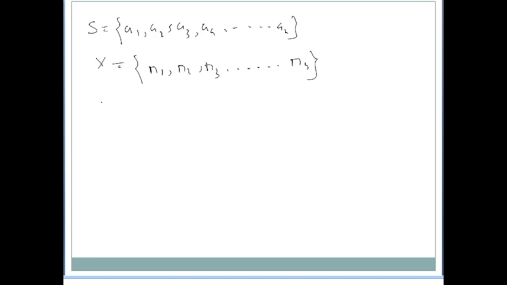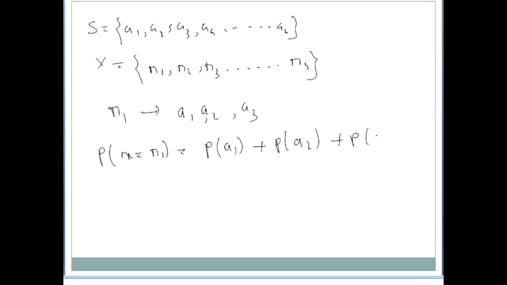If we need the probability mass function, that is the probability for any particular event, then let's say this random variable R1 is associated with A1, A2 and A3. Then the probability of X equal to R1 will be the probability of A1 plus the probability of A2 plus the probability of A3, and so on. This will be the case.